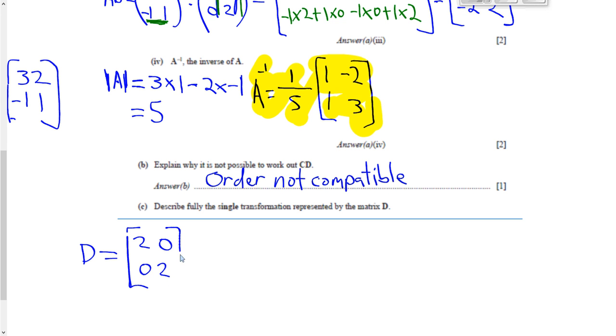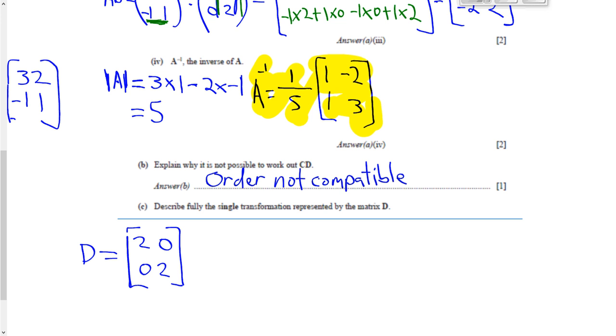This is matrix D. Now, far from remembering all of the different transformations, okay, what we can do is we can actually test the transformation of a point or 2 points, okay?